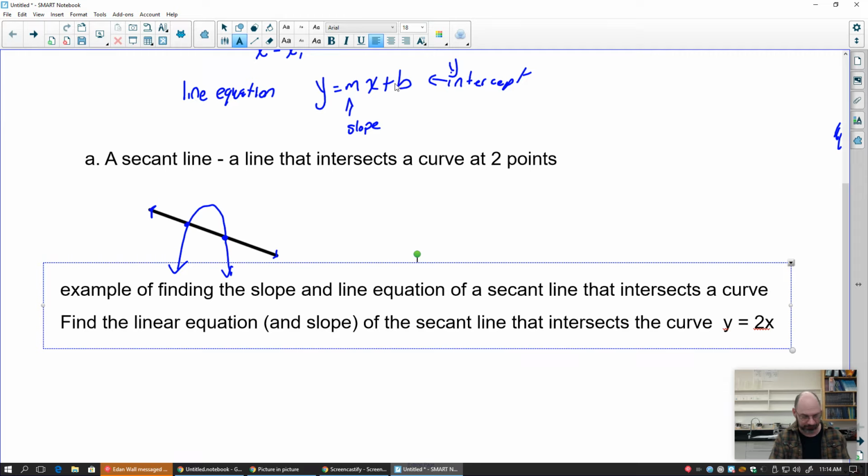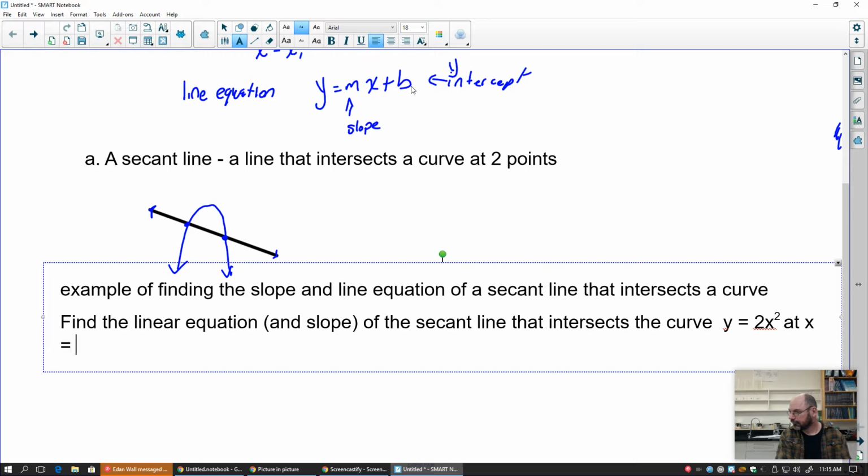Okay, 2x squared, at x equals 1 and -2. So it's going to cross in two places.